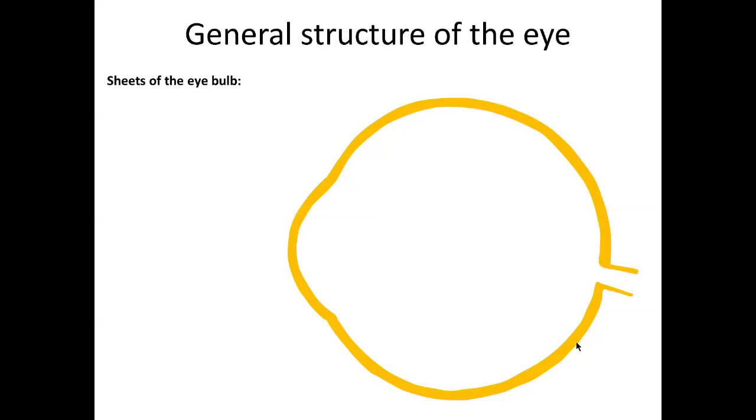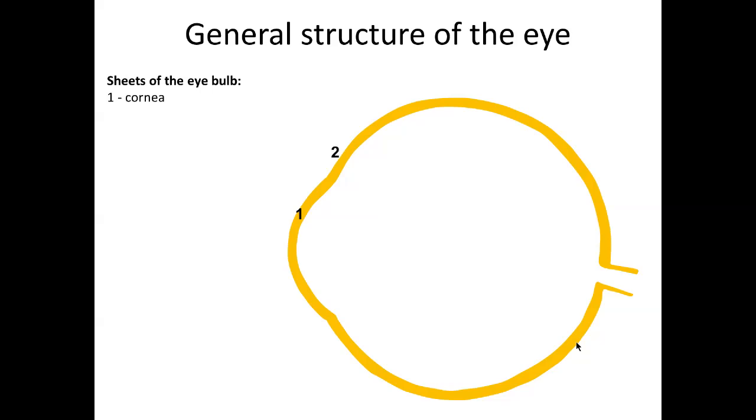And this is the most peripheral, most external sheet, which is called the fibrous sheet. It is divided into two parts. This number one part is the most convex. It is externally protruded and it is completely transparent for the light.